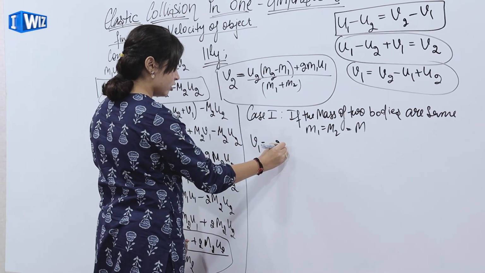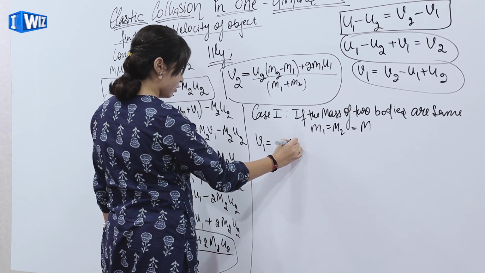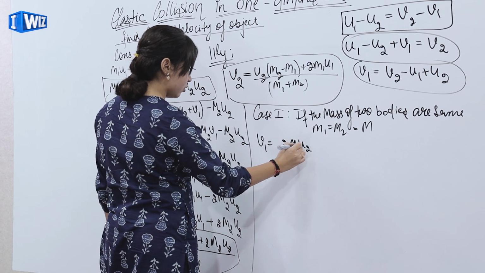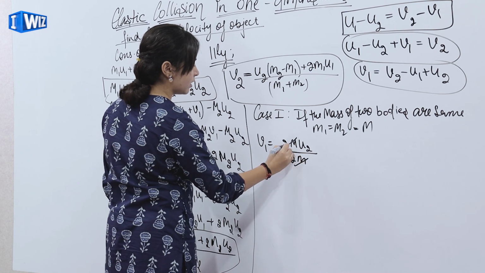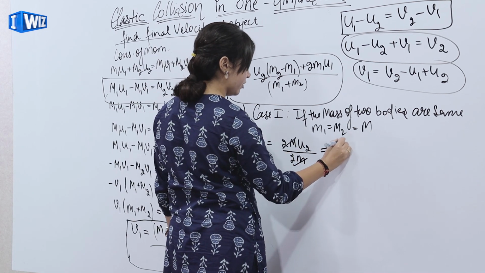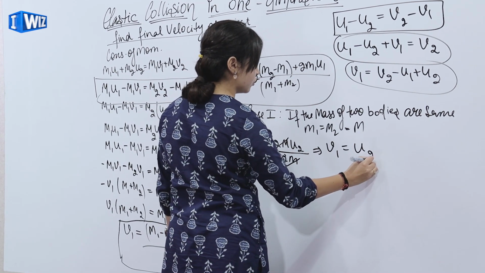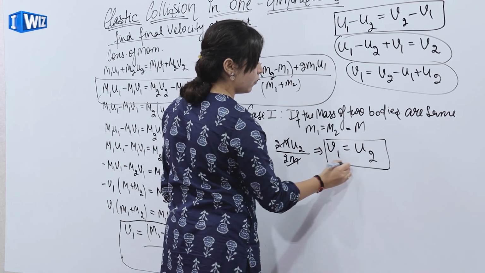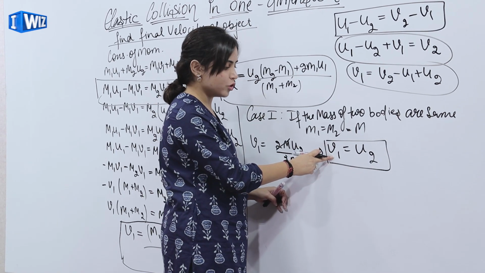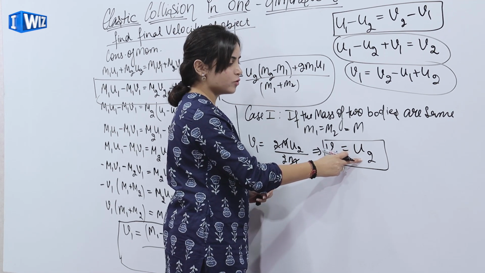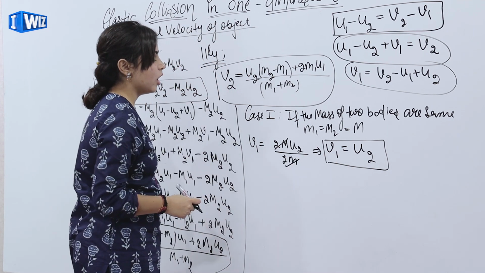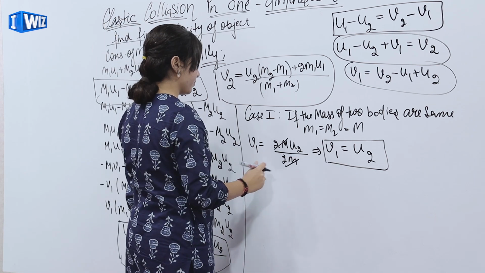I'll get 2 m u2 upon 2m. This will give me v1 is equal to u2. That means the final velocity of object m1 is equal to the initial velocity u of object m2.